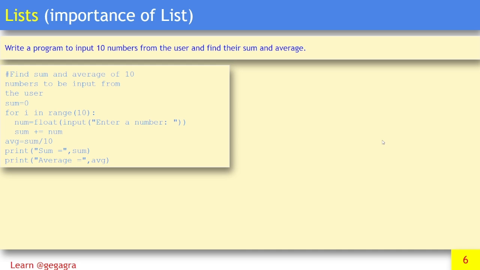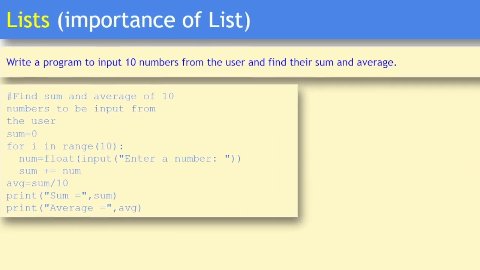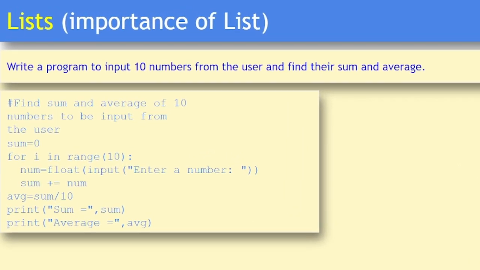See here, this is the program. Simple program: find the sum and average of 10 numbers to be input from the user. What I have done is I have taken a variable, the accumulator sum, which is initialized to 0. Then I applied a for loop to get 10 integers with the help of the range function.